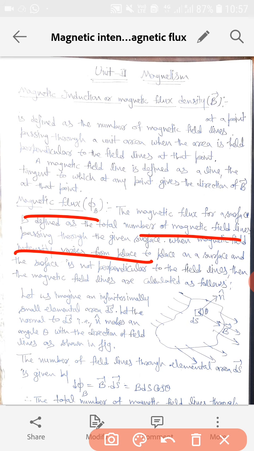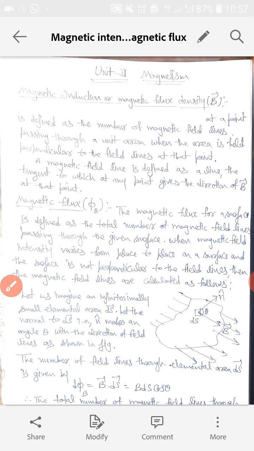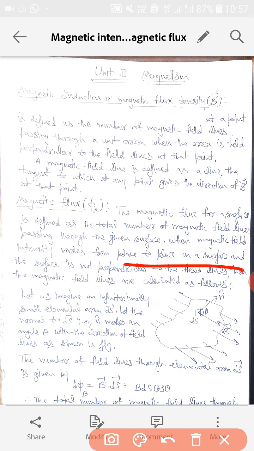Suppose now we have a magnetic field intensity or magnetic induction which varies from place to place on a surface, and also the surface is not perpendicular to the field lines. In that case, how do we calculate the flux?